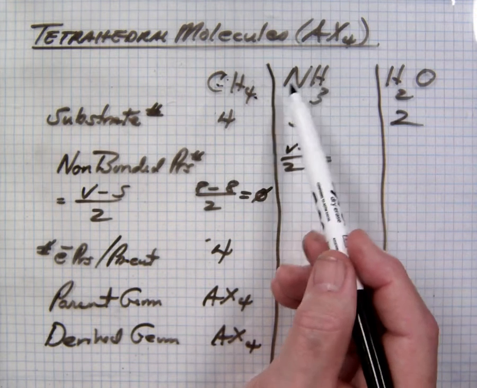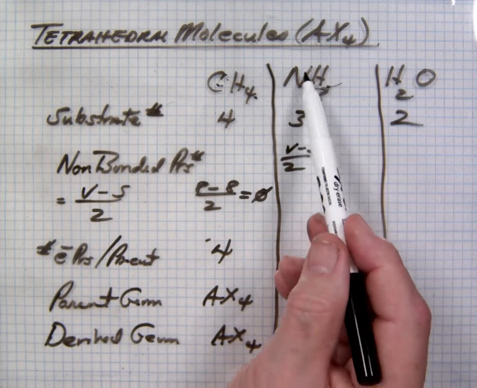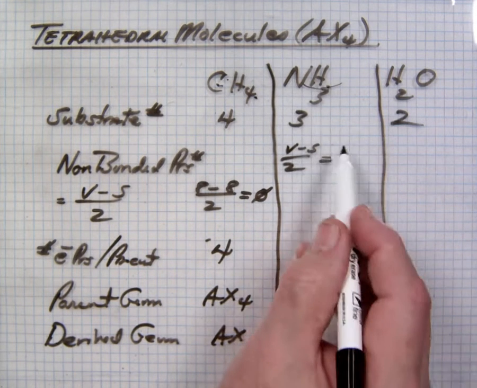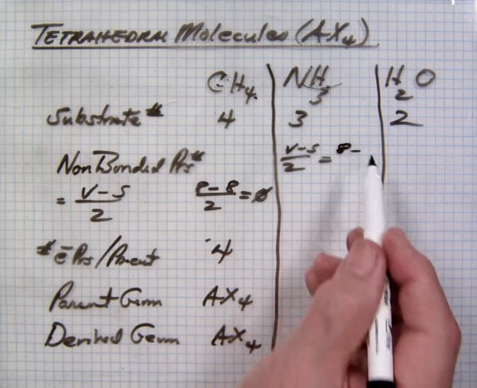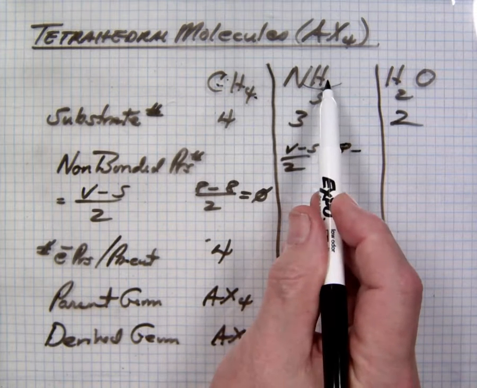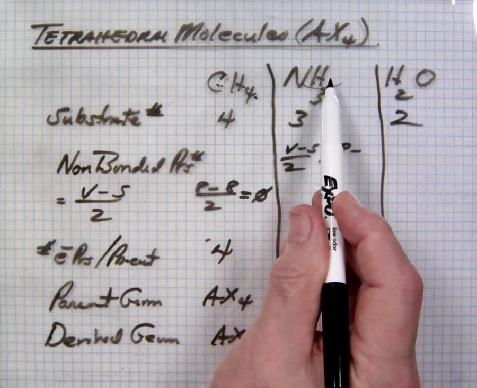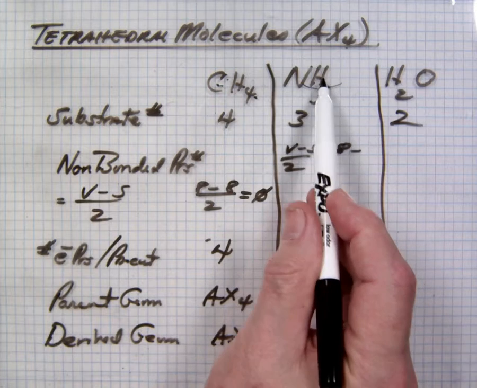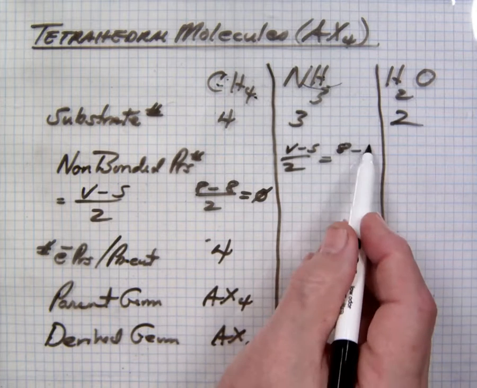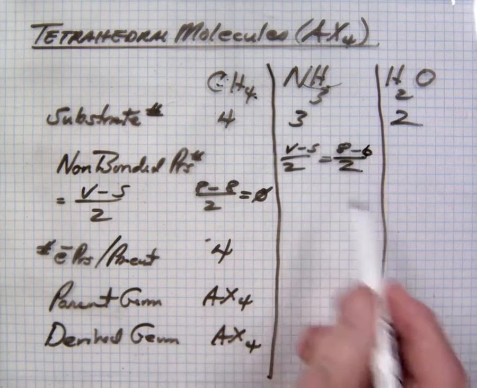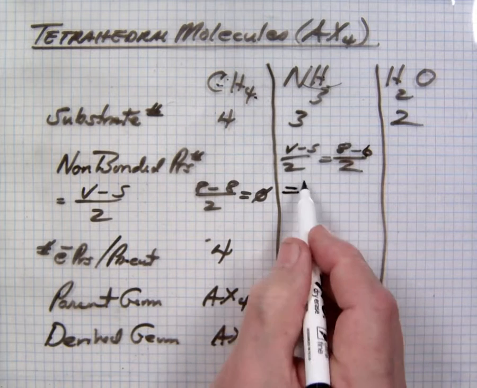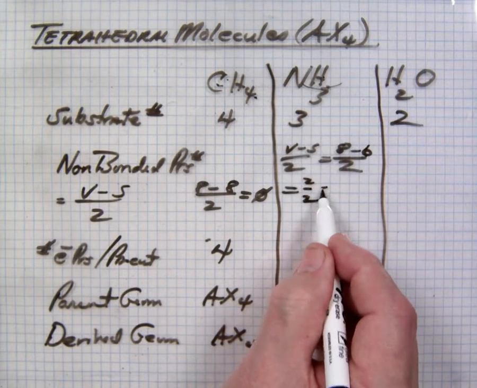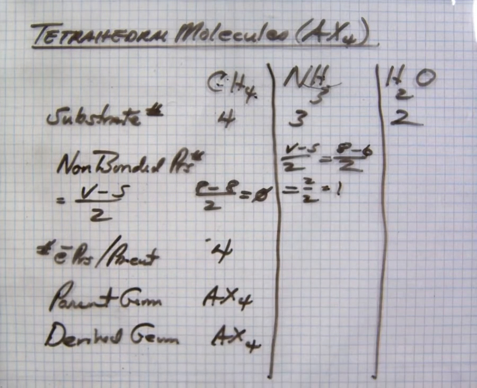Hydrogen's 1, so I have 5 plus 3 is 8 for my valence. Now the attachments when hydrogen is full is 2. Anything else would be 8. So 3 times 2 right there is 6. So 8 minus 6 over 2, and that leaves me 2 over 2, or 1 free pair.